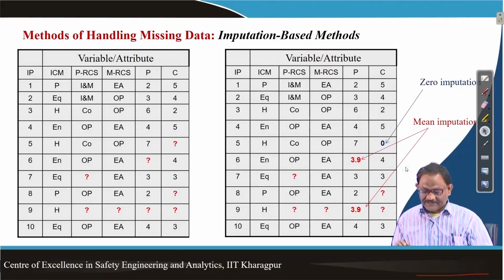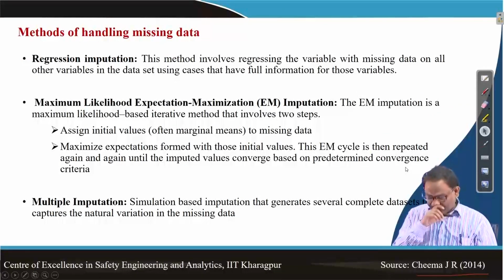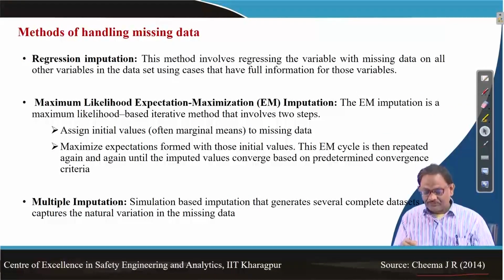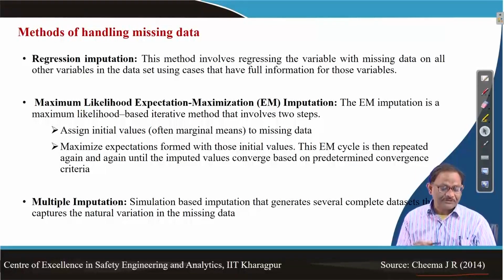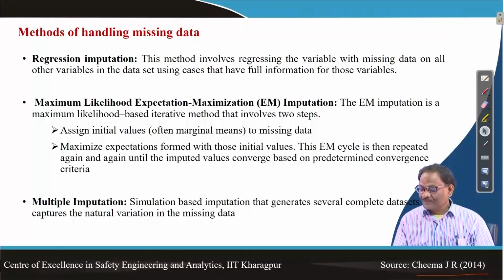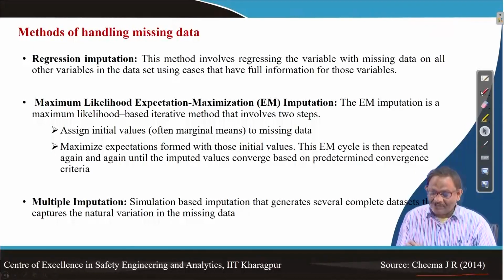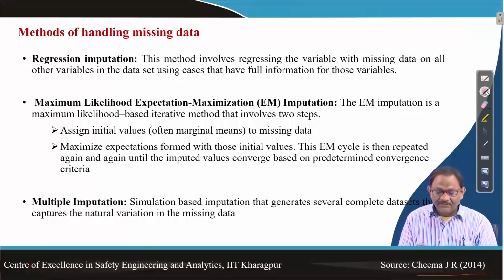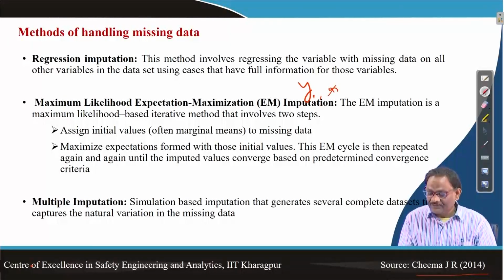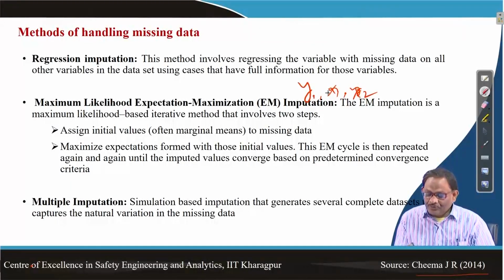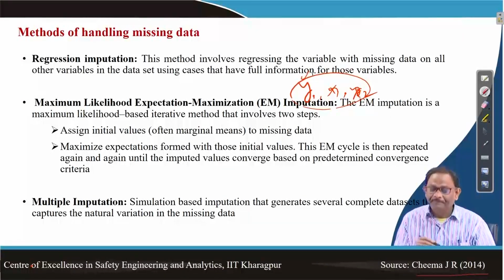So let us go to the next slide. Then there are some other methods where it is not easy to explain here with an example, because you require knowledge of some techniques, like regression imputation. In regression imputation, suppose you consider three variables, y, x1 and x2. You have a complete data set for all three, and some missing data, let us say for y.